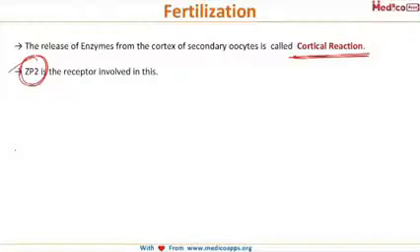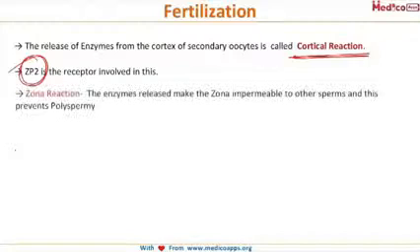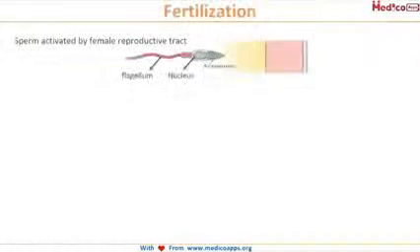The release of the enzymes from the cortex of the secondary oocyte causes hardening of the zona pellucida and this is called zona reaction. It is because of this hardening that the zona becomes impermeable to the other sperms and thus it prevents polyspermy.